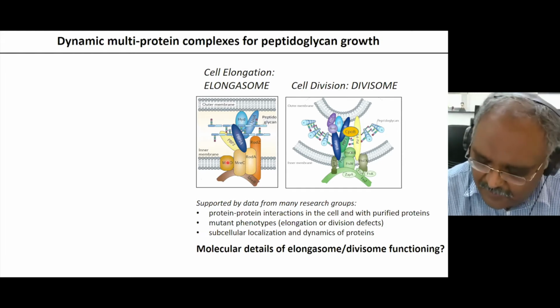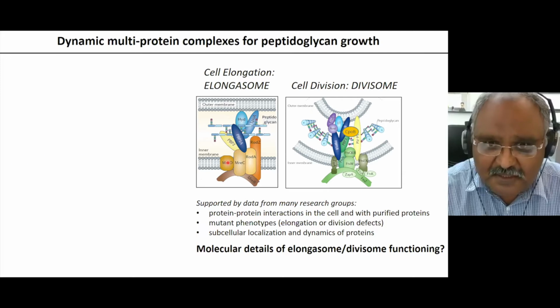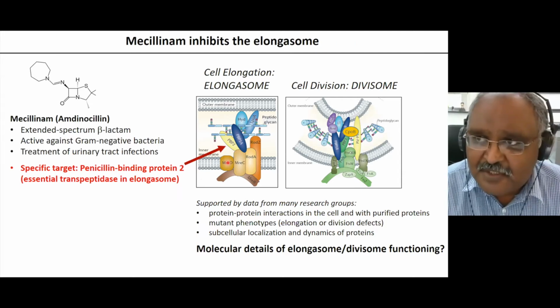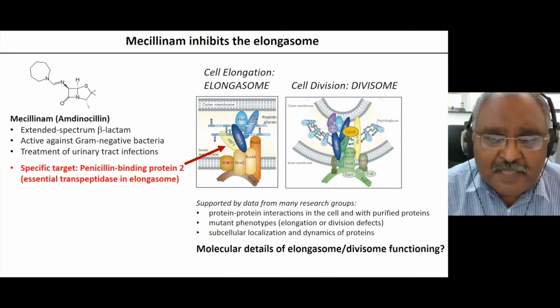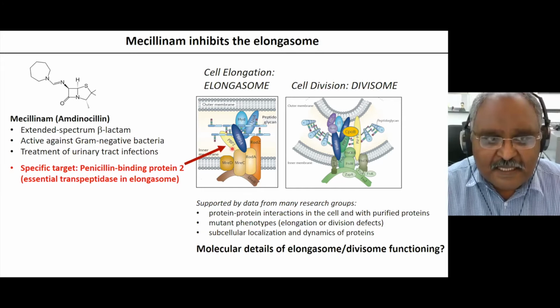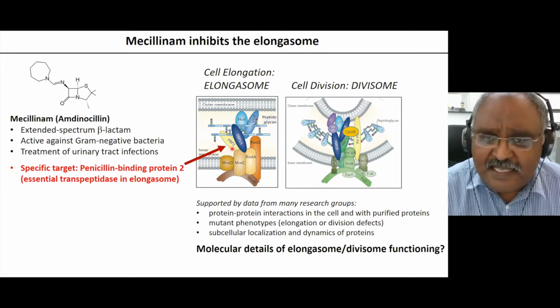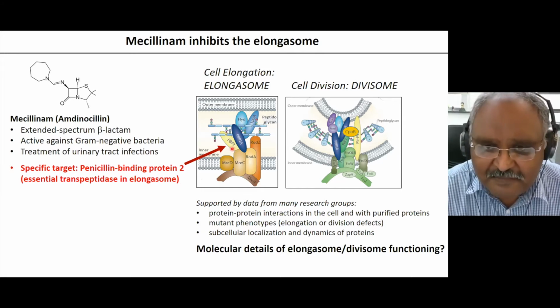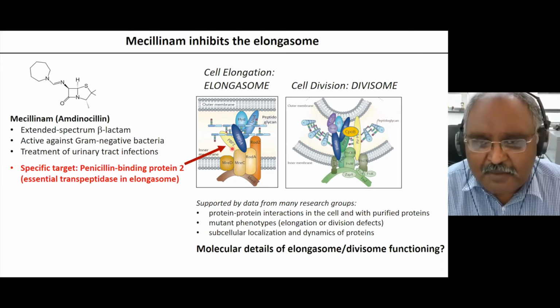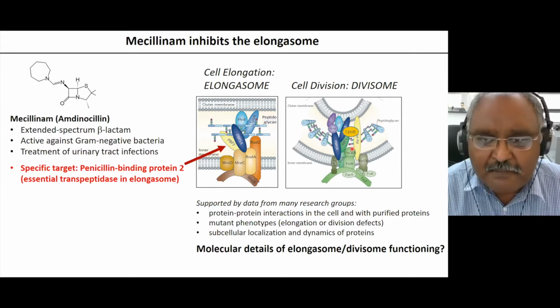For our work, we have chosen mecillinam as the antibiotic of choice for study, because mecillinam is specific only to PBP2, the transpeptidase in the elongosome complex. It is also active against gram-negative bacteria. Other beta-lactams have the problem that they affect multiple synthase enzymes like 1A, 1B, and multiple targets.